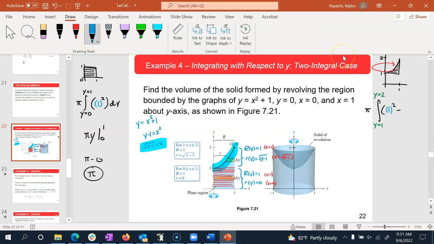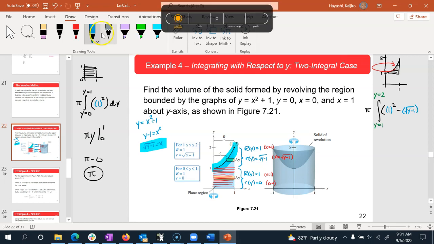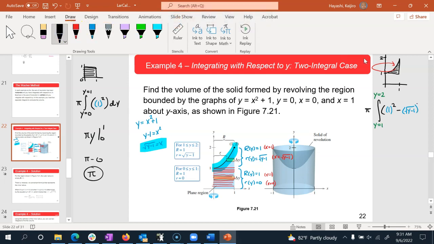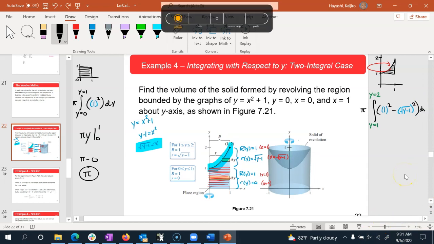Now the inner radius is this curve described in terms of y as the square root of y minus 1. So we're going to take the square root of y minus 1, and we're going to square it and subtract it away. And that's the integral. It's dy.